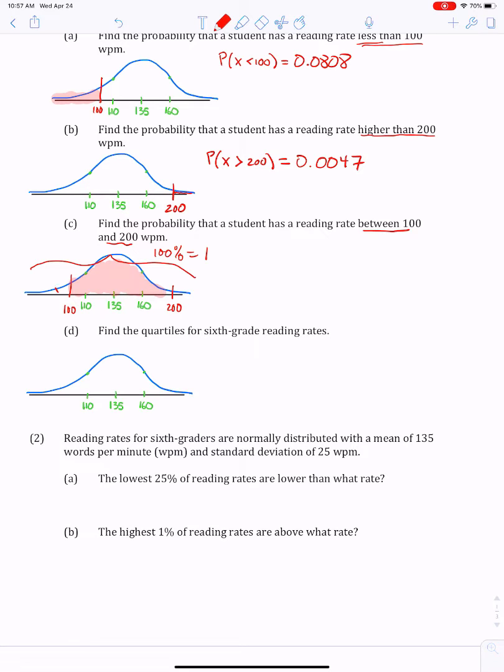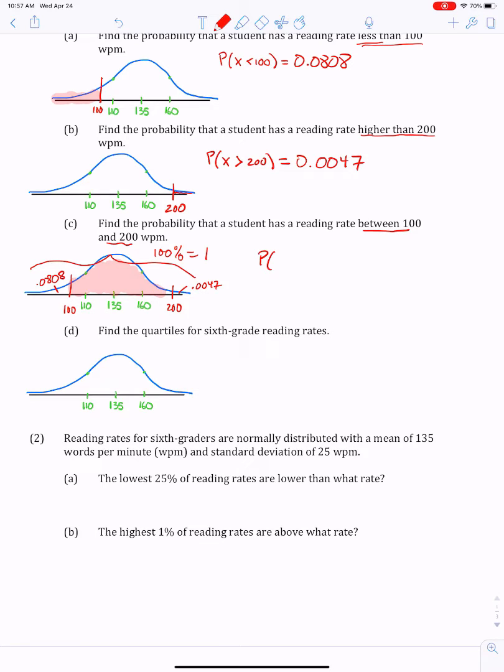Now we know that lower than 100 is 0.0808, and above 200 is 0.0047. So if we subtract those two pieces from 1, what we're left with is what's in the middle.